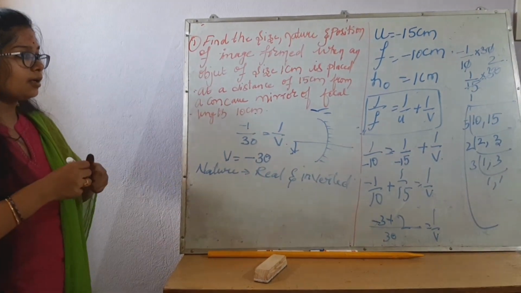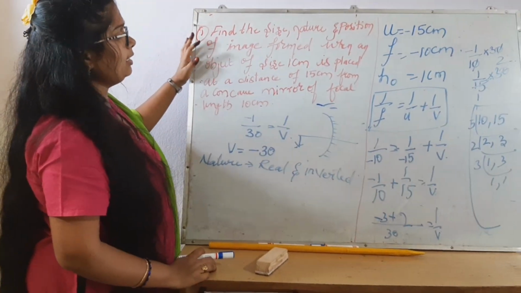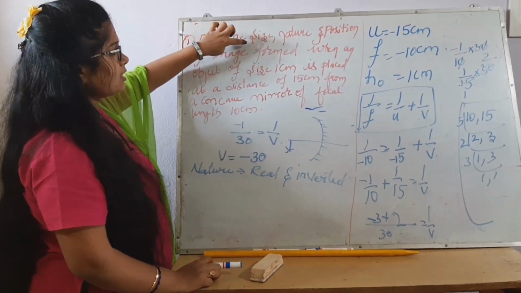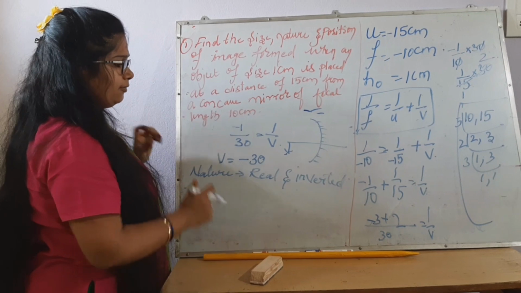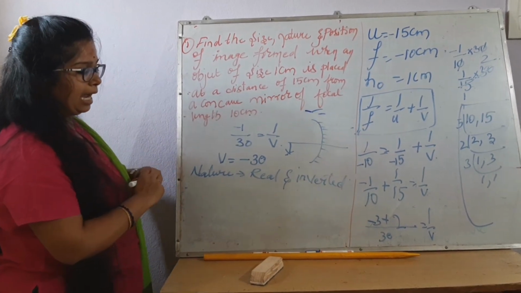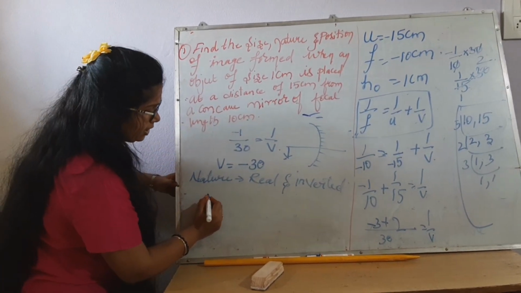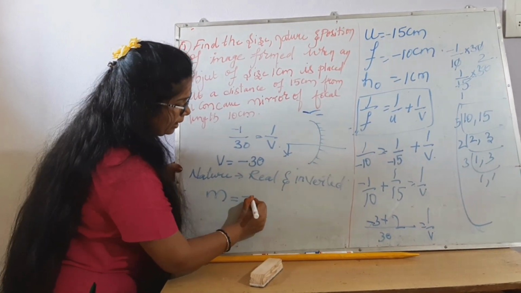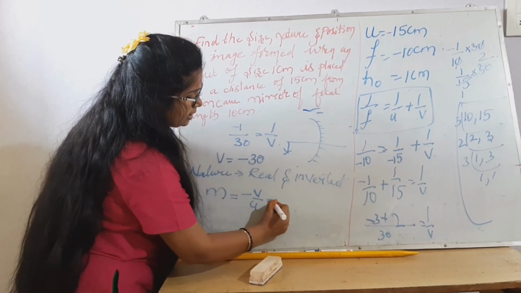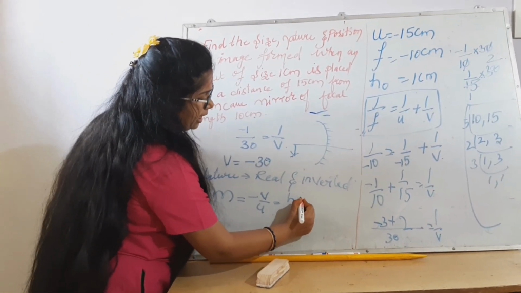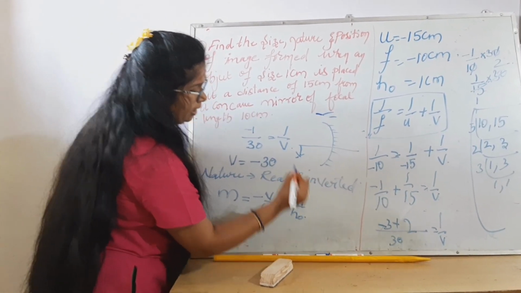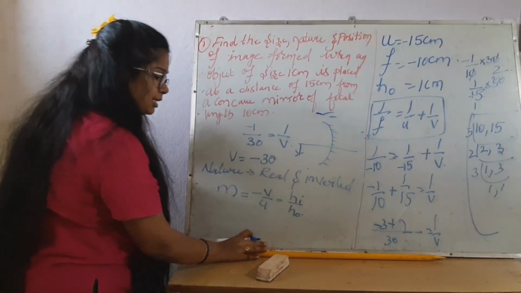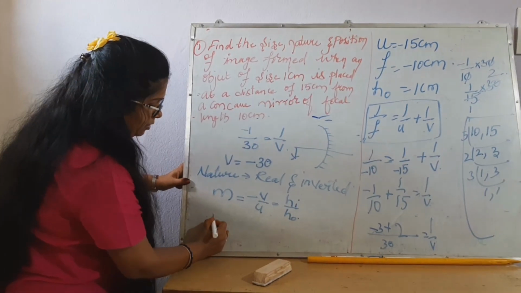Now, next, what do you need to find here? Here you are supposed to find the size of the image. For the size of the image, you have the magnification formula. What is the magnification formula? m is equal to minus v by u, which is equal to hi by h o, isn't it? Now these values you have.